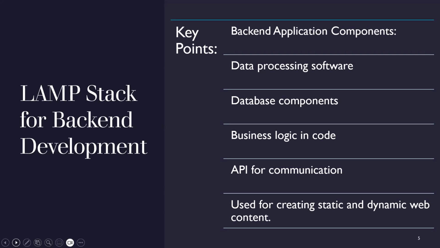A good example of dynamic content is the username and password. Every user that visits a web application or a website is always going to be different. It's going to be changing based on the users that are visiting the web application. Static is almost always the same.